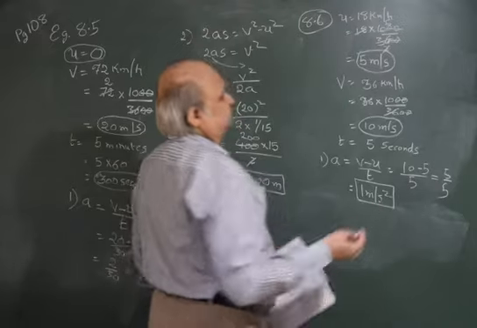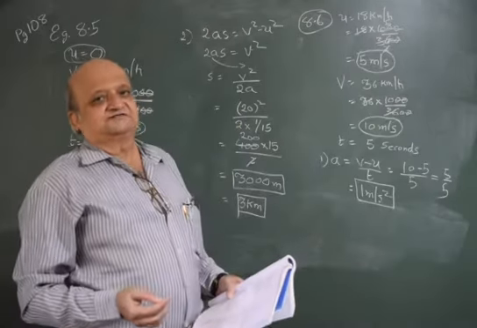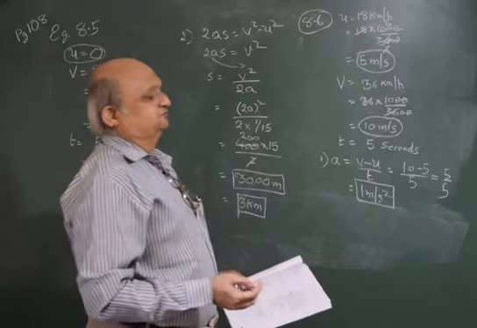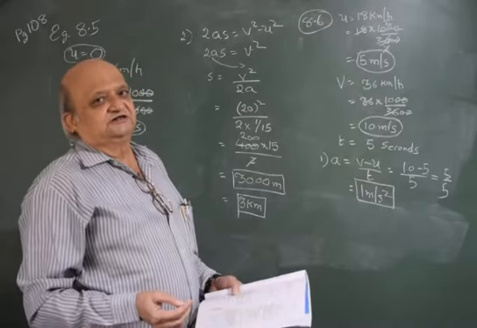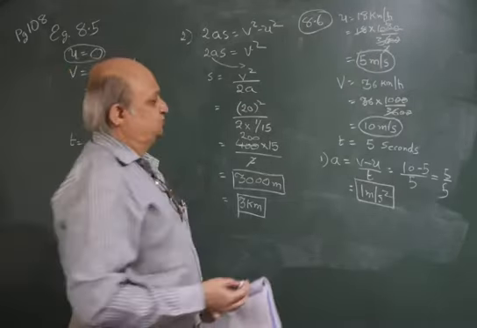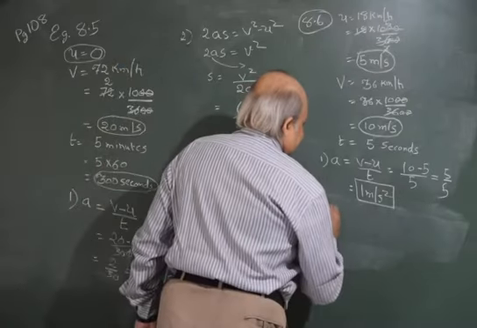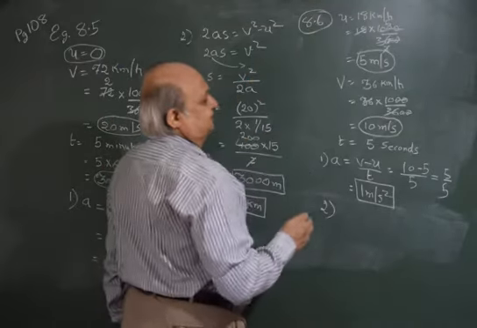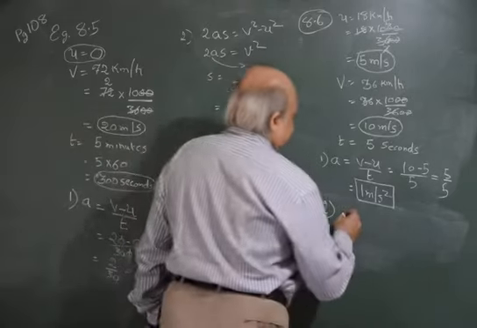Now here we can use either ut plus half at square, or we can use v square minus u square upon 2a. We will be using the latter because the other calculation will be fairly complicated.